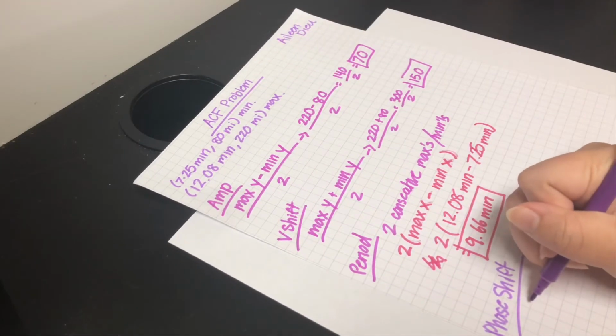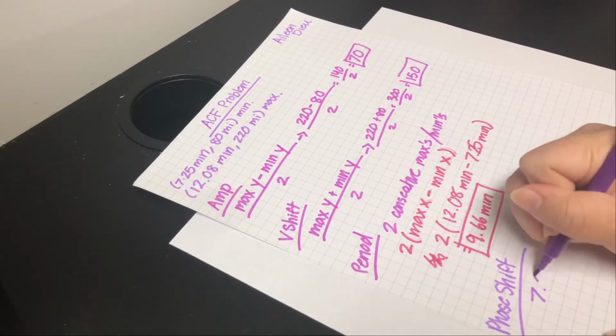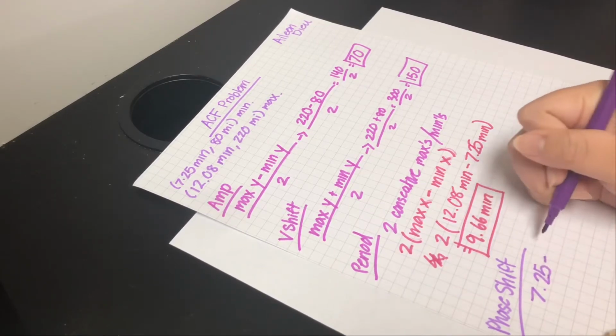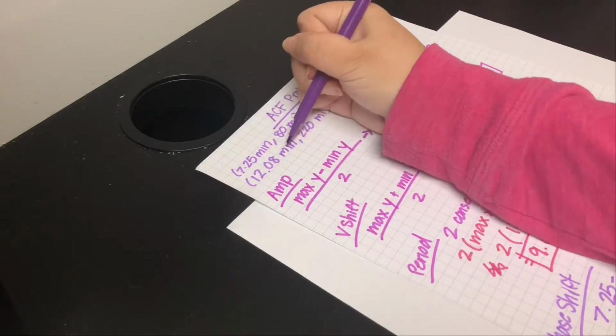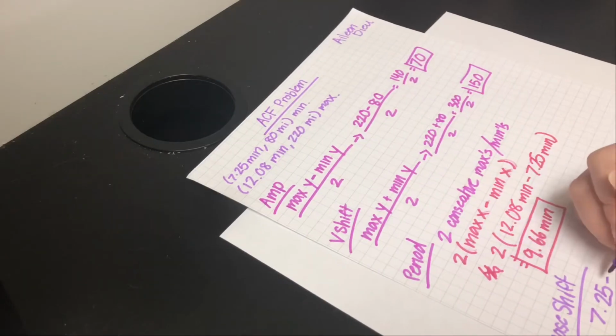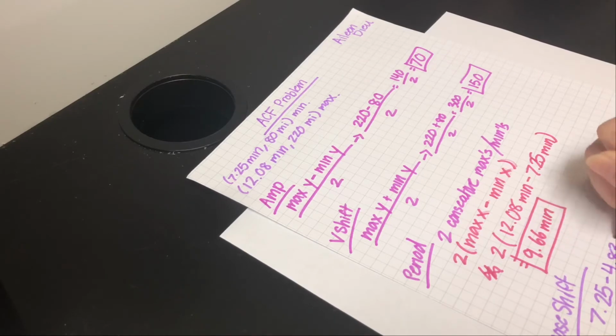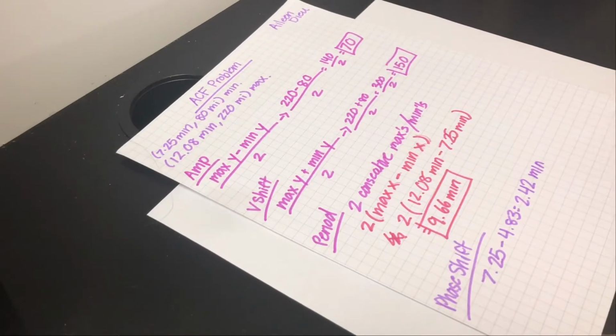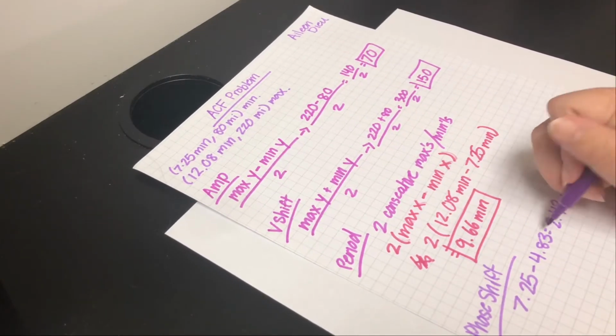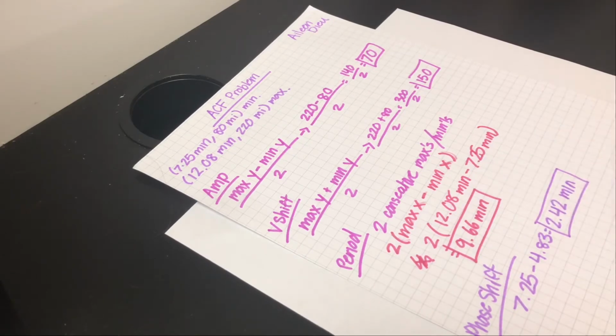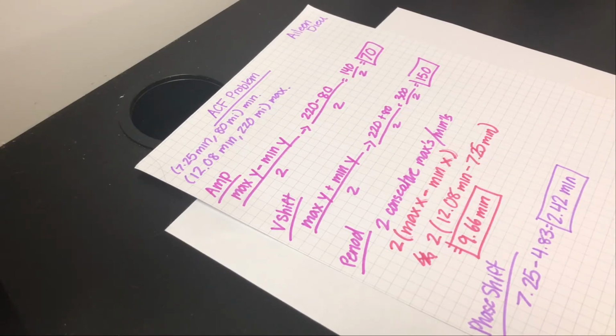So we use 7.25 minus the difference between 12.08 minutes and 7.25 minutes, which is 4.83, which leaves us 2.42 minutes as the phase shift. And then we can't subtract anymore, or else it would be negative, and time cannot be negative, so we just keep that one.